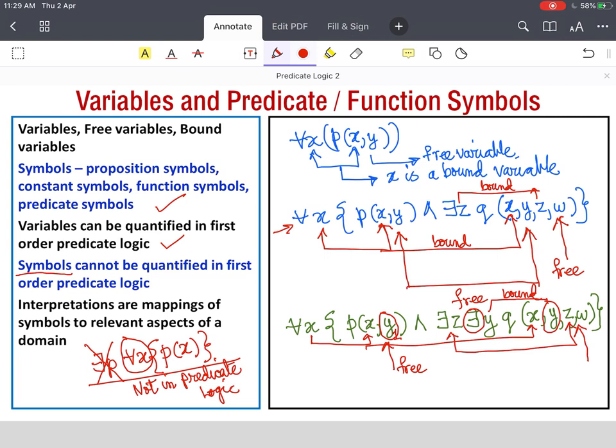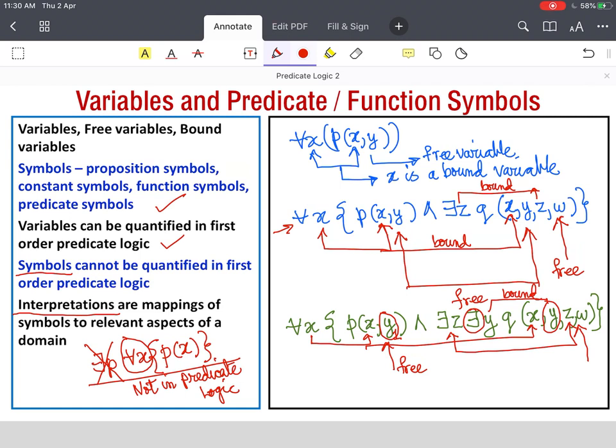Now we will see certain very important aspects called interpretations. Interpretation in Boolean sense, in propositional logic, an interpretation was an assignment of true or false to the Boolean variable.